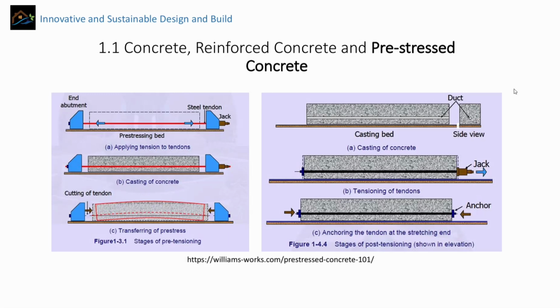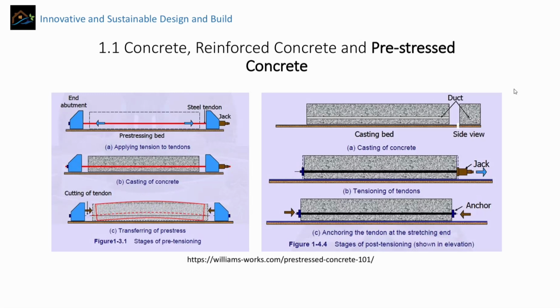There are 3 stages for building these pre-stressed concrete, and this tensioning of tendons of steel, they have the anchoring at the end, so that these anchors and bolts can be used in order to connect these elements with other members of the building.